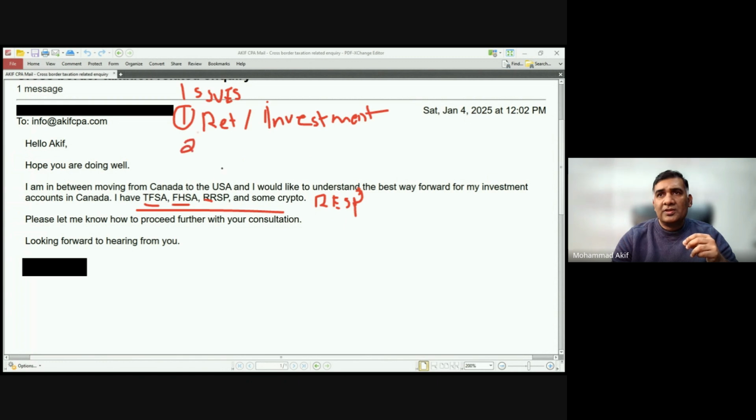Number two is the tax filings. That's number two, right? This includes Canadian departure tax returns. And number three is tax planning, right?